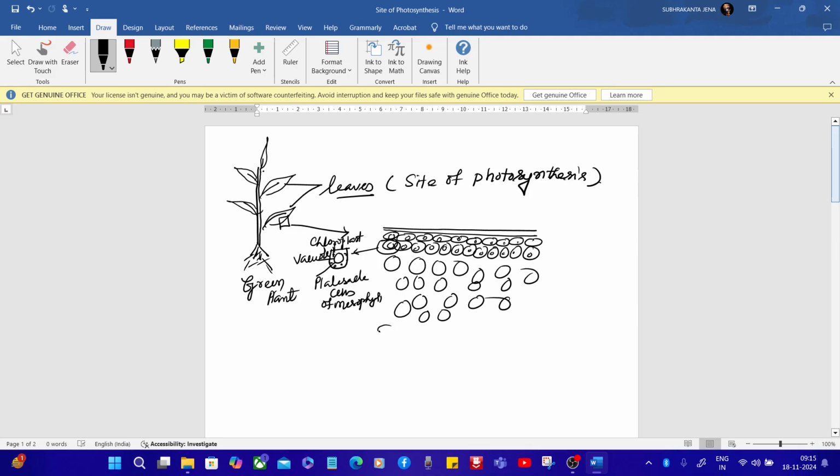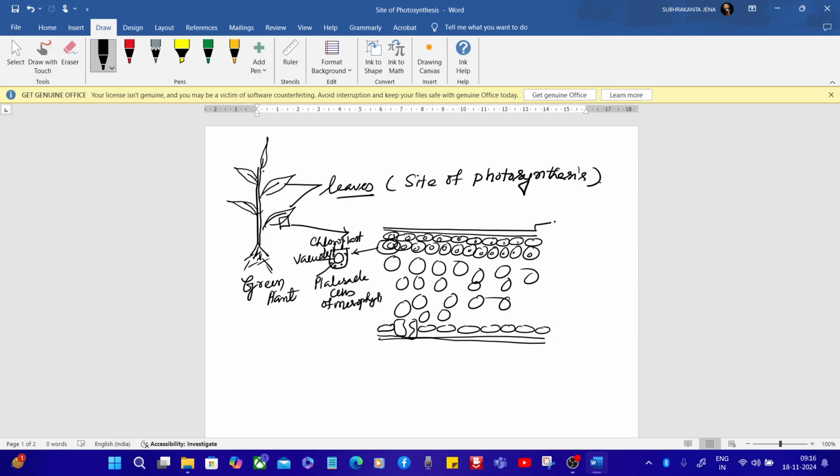Again there will be a layer like this at the lower portion. Let me draw another structure here, and you will find here the stomata, and again there will be a layer like this.